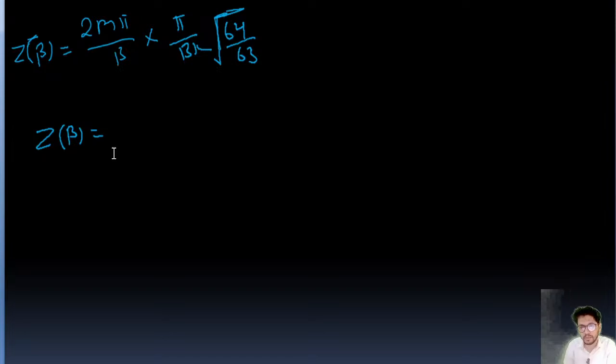This value is now 2m pi square upon beta square k, 2m pi square upon beta square k into root 64 upon 63.